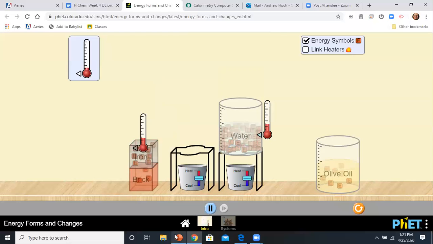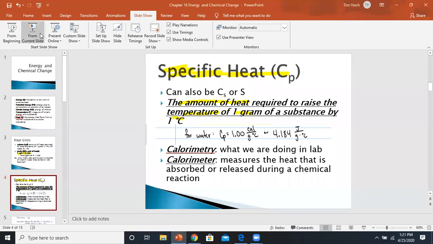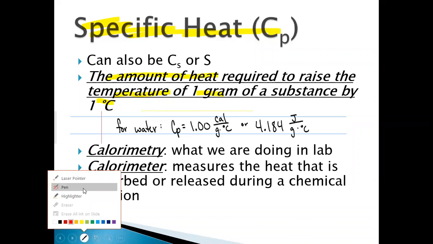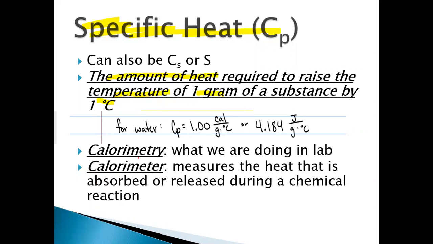So when we're jumping into this, one key thing that we should be familiarized with is calorimetry. We're going to use a calorimeter. So that's going to measure the heat that is absorbed or released during a chemical reaction. So really, this video is going to focus on how do we measure specific heat, how do we calculate heat of a reaction.